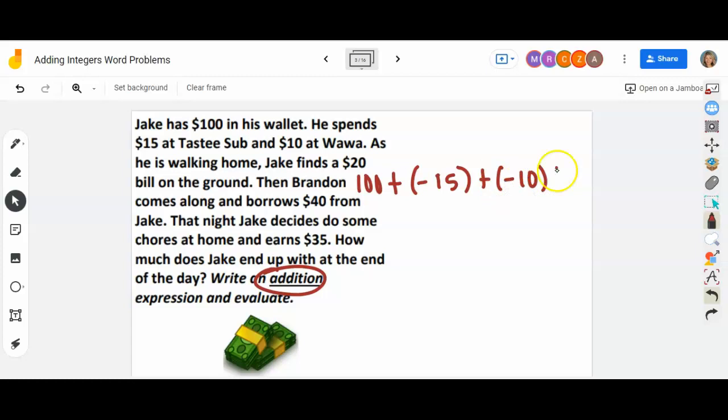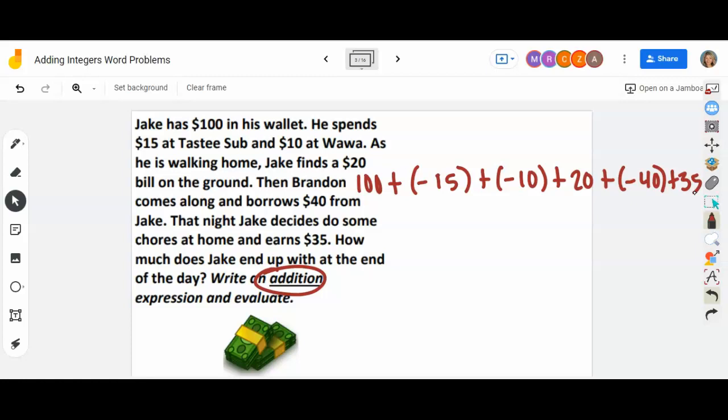As he's walking home, he finds a $20 bill. Then Brandon borrows $40, that's going to be negative. And then Jake does some chores, so he earns 35, so that's going to be positive. I've got my long number sentence written out. And now I'm going to work from left to right.